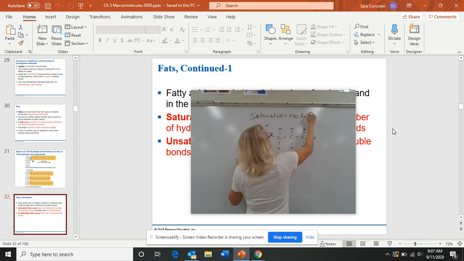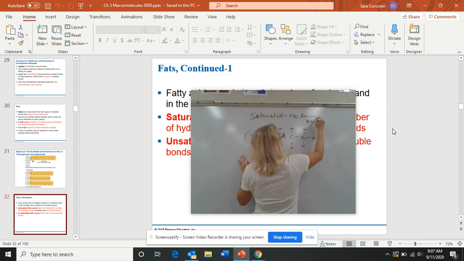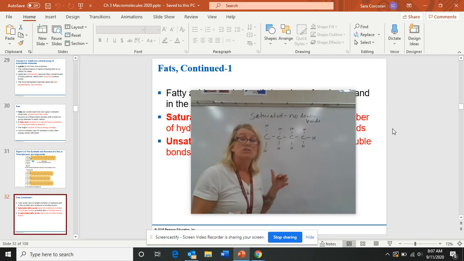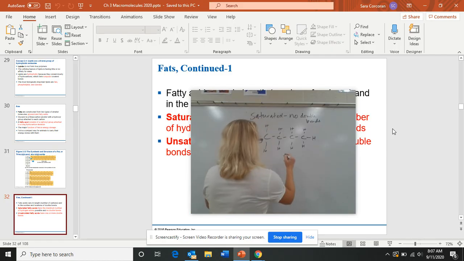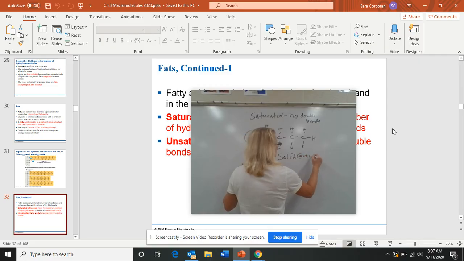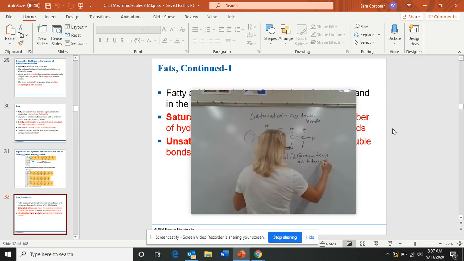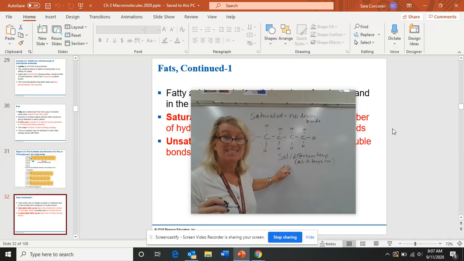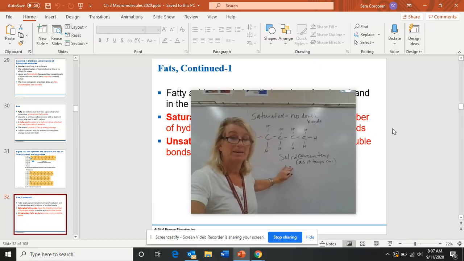And these are solid at room temperature. And I'm going to also write as temps cool. Okay, we'll get back to this in just a second. It will make sense why I brought that up.